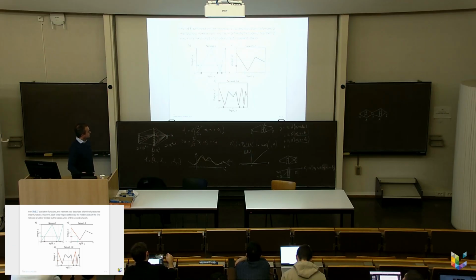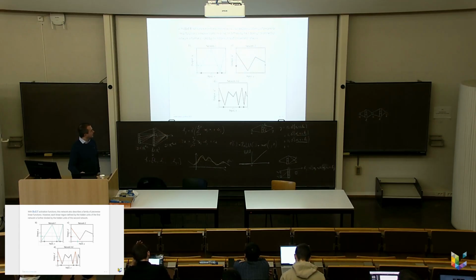Now, this will produce some output values y, which now will be used as input to the second neural network. And if this second neural network is also something very simple, 1 hidden layer, 3 hidden units, it will also define a piecewise linear function, which could look like this function.